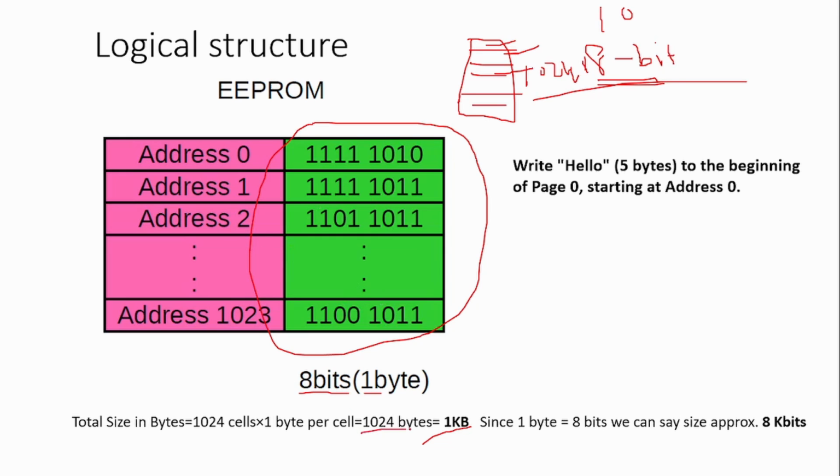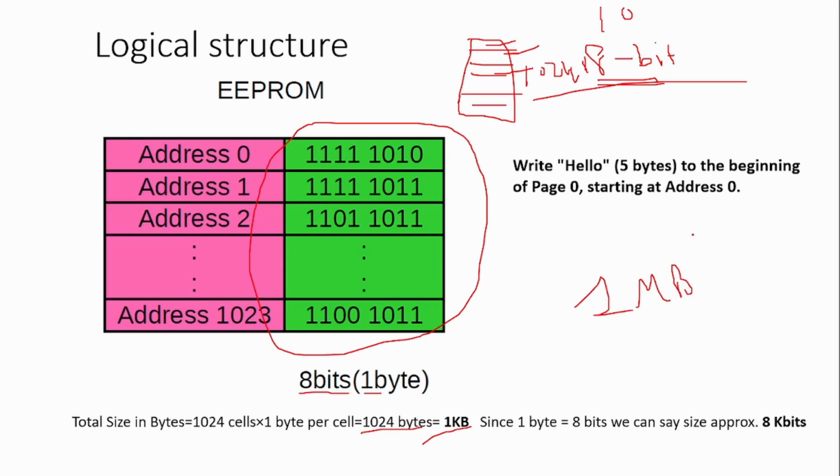So 1024 bytes, and if you convert 1024 bytes into kilobytes, then it's 1 KB. Now say you have 1024 pages, then the size will be 1024 KB, or 1 megabyte. So if you have 1024 pages, then the size would be 1 megabyte.